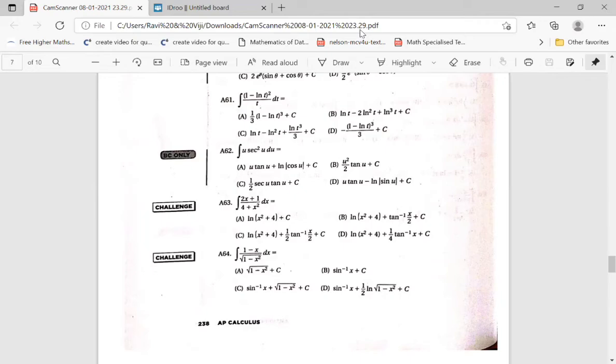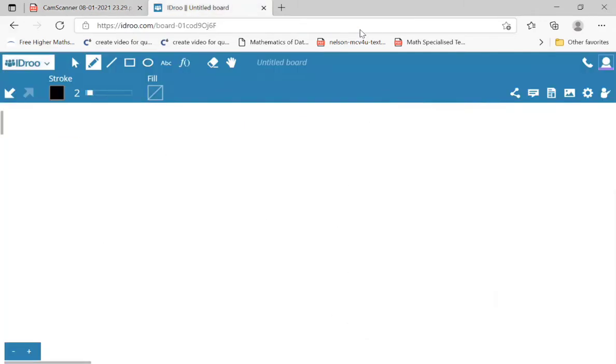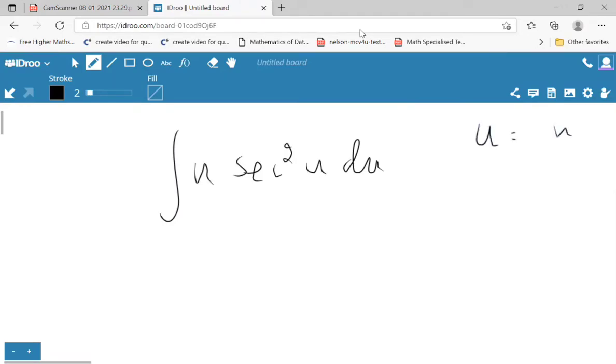62nd question. Integration of u secant squared u du. Now this can be done by the method of integration by parts. You know, the solution is uv minus integration of v du. Let us take u to be u.